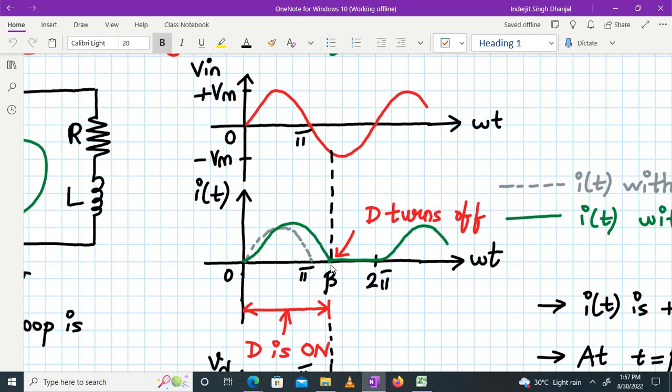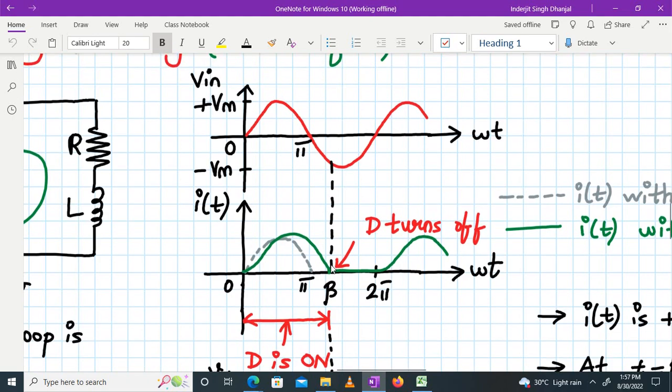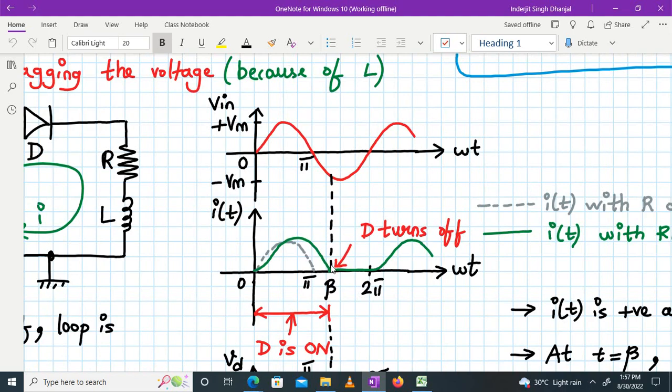And this beta will be between pi and 2 pi. Is this clear? More towards the pi side. Yeah, whenever di by dt is negative. Yes, and why the current reduces, that also I have explained, because the inductor is trying to de-energize, defluxed. Okay, clear? Now shall we start with our next part?